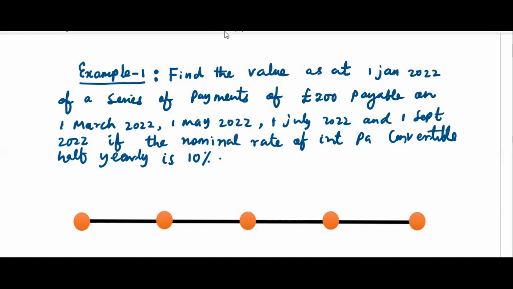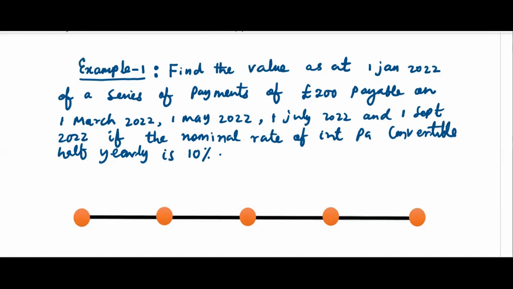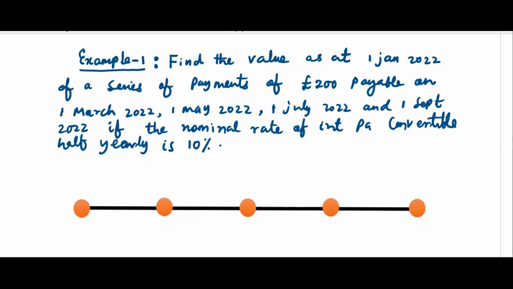So the first question, Shreya. If the nominal rate of interest per annum convertible half yearly is 10% given, roughly, without any calculation, what should be the yearly interest rate?